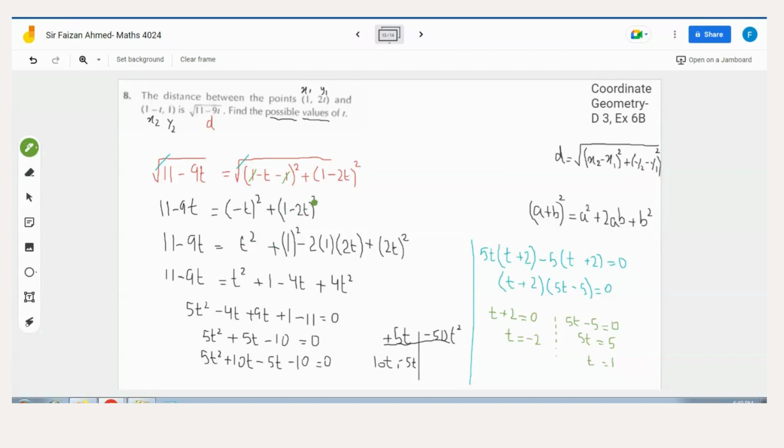This is the identity (a minus b) whole square, so I will use the identity.